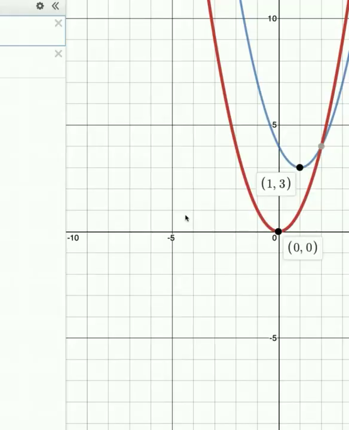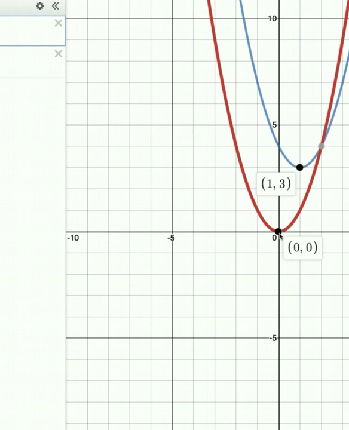Here I went ahead and actually did graph the two functions in order to compare them. Here I graphed them on Desmos. If you look at the red parabola here, this is our quintessential parabola, y equals x squared. So imagine starting with that one. And there's where I had y equals x minus 1 squared plus 3. You notice it indeed looks like we shifted 1 unit in the x direction and 3 units in the y direction here. This point at the bottom of the curve here, remember, is a local minimum.